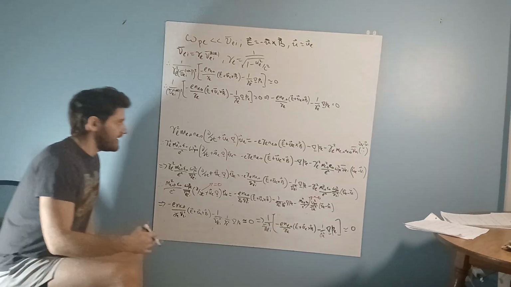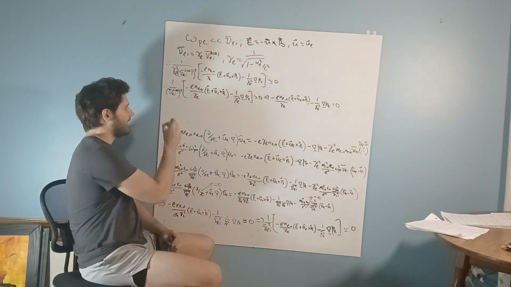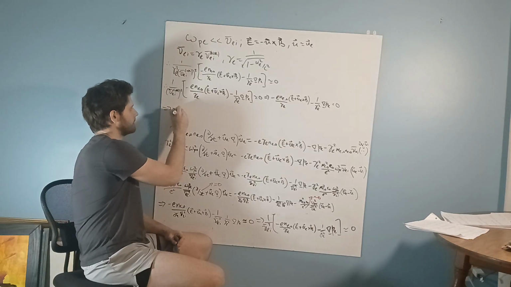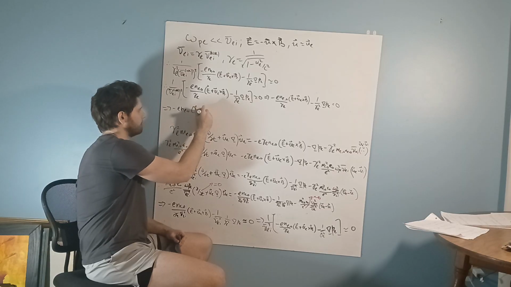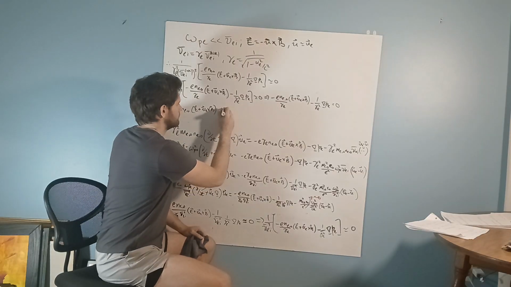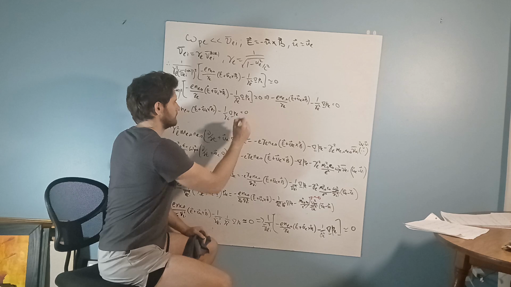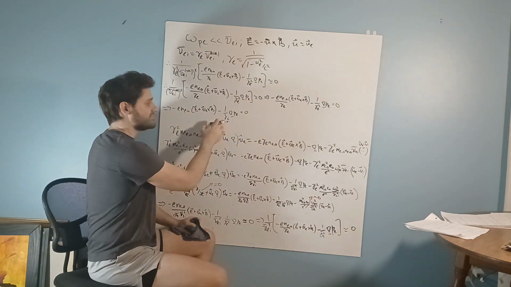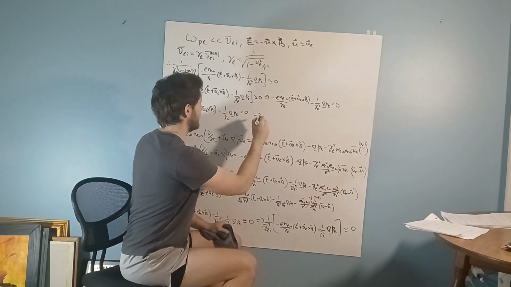Instead, what we have is, again, multiplying through by gamma E, but this gamma E just goes on top. All right?